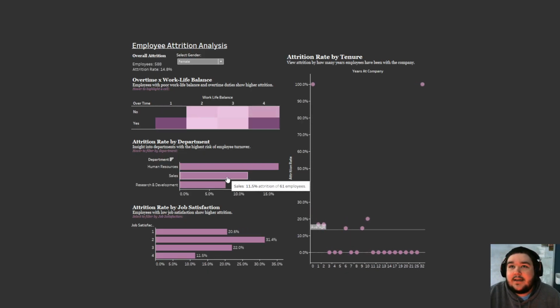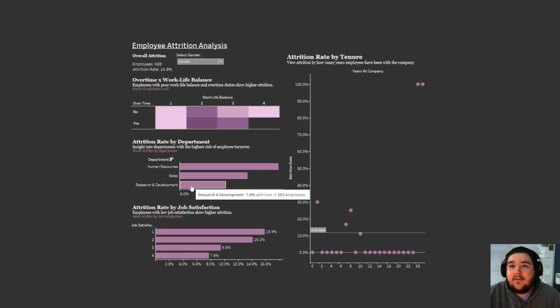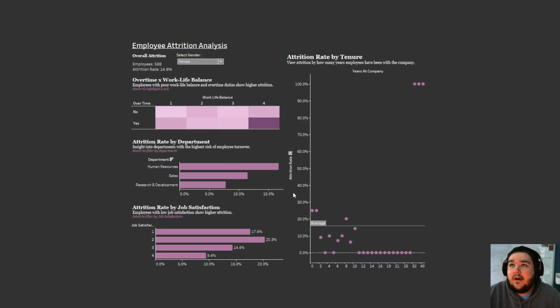Sales wise is 11, and our research department is 7, with still 103 employees, which is pretty good, I would say. Overall, we still have 3 outliers here. Those years to the company, 32, 33, and 40. So we have some strong females in leadership, I am hoping, being that long in a company.